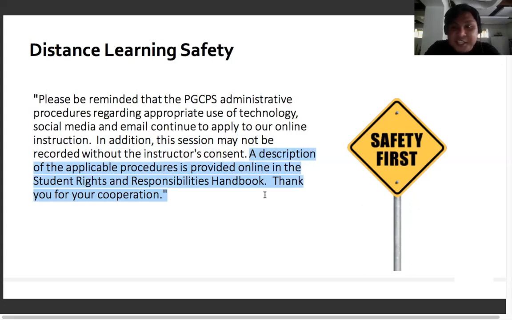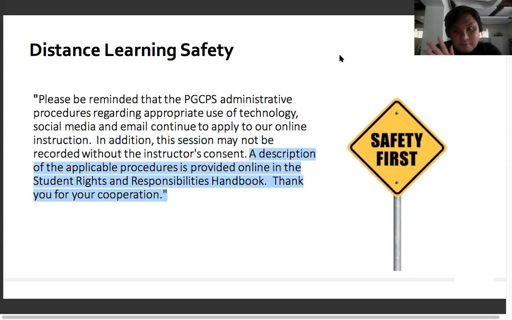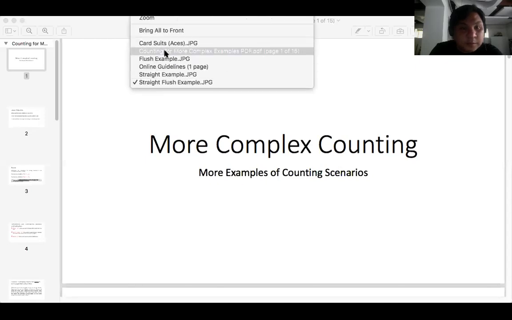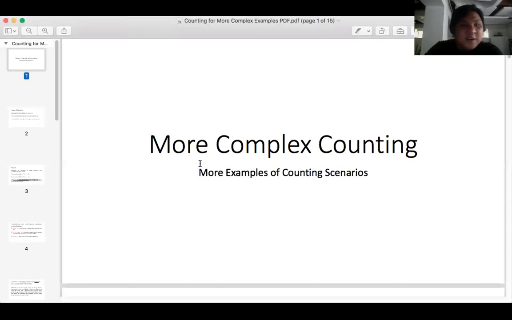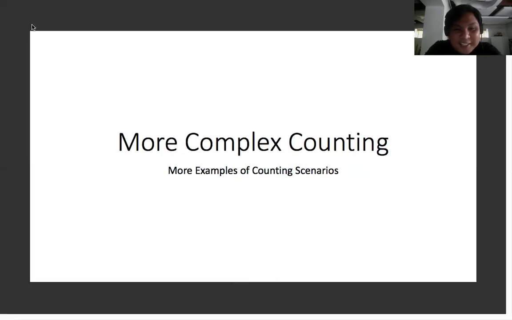Okay, now that this is out of the way, we can proceed with our main lesson, which is about more complex methods of counting. All right, here we are, people. More complex counting.